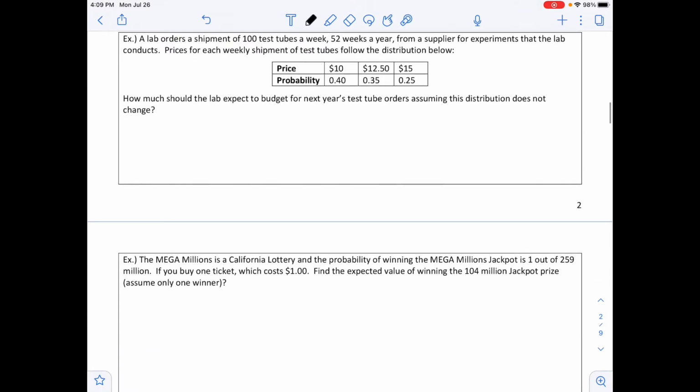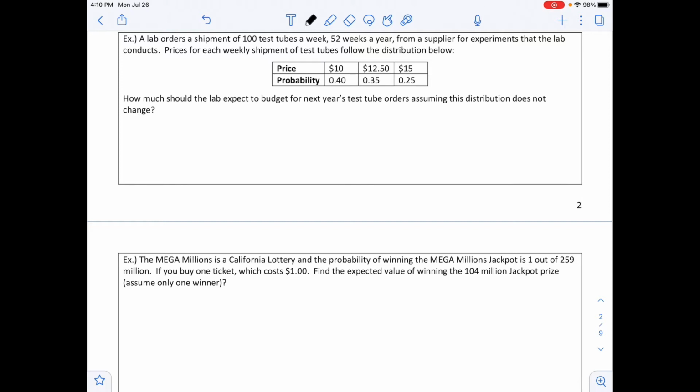Right below this, we have an example that says a lab orders a shipment of 100 test tubes a week, 52 weeks a year, from a supplier for experiments that the lab conducts. Prices for each weekly shipment of test tubes follow the distribution below.